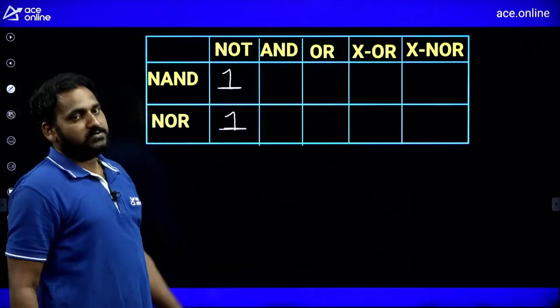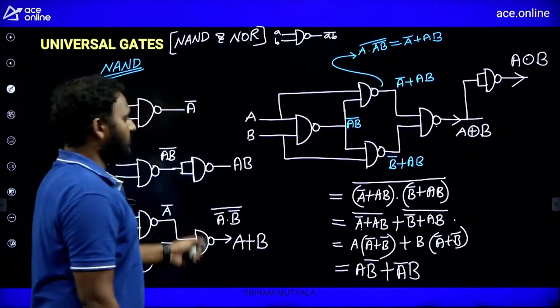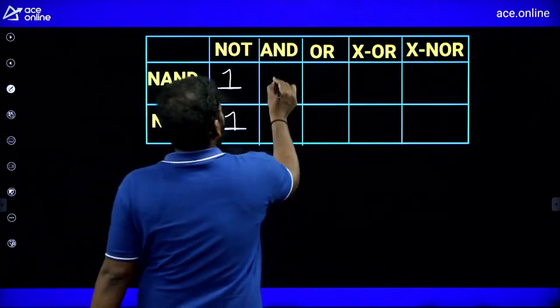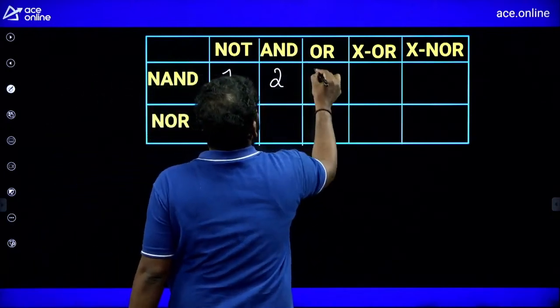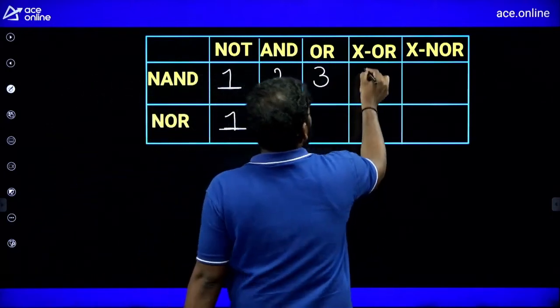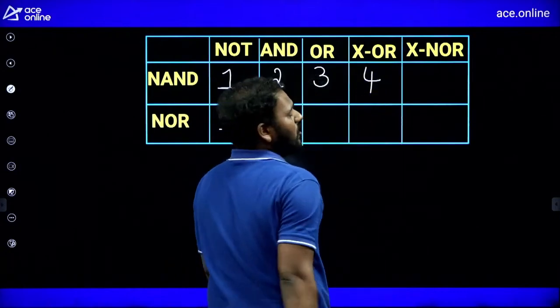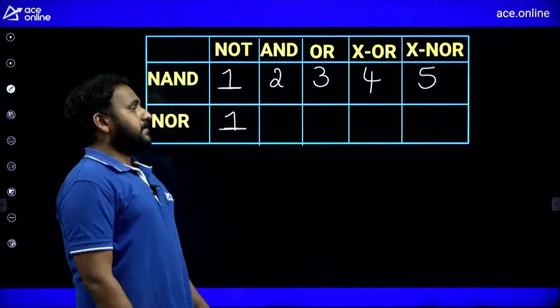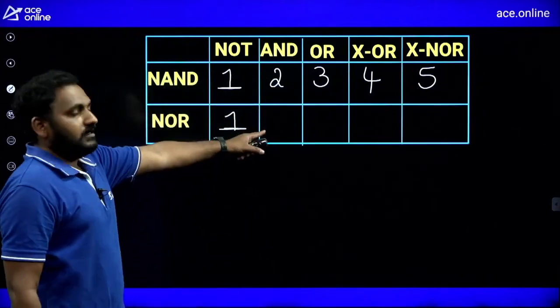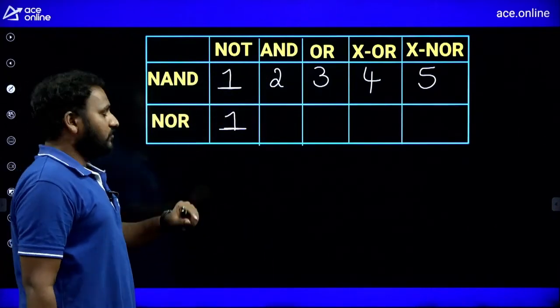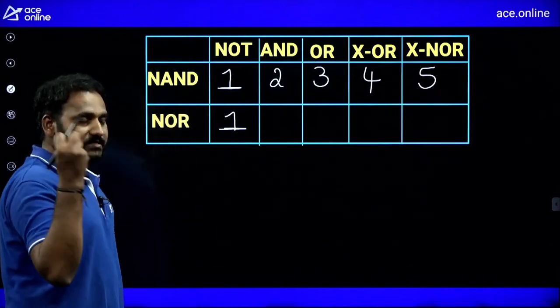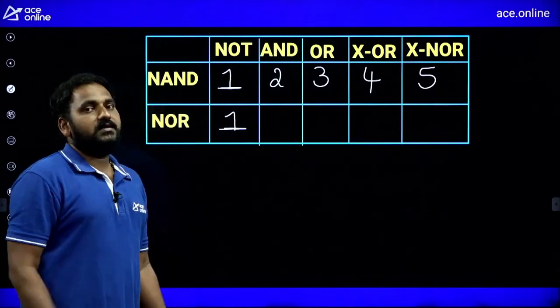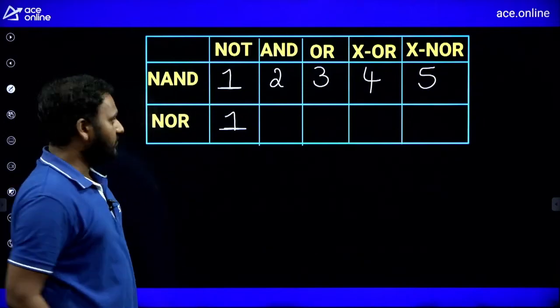Now onwards numbers will be different. You know already from this screen, we need 2 NAND gates for AND operation, 3 NAND gates for OR operation, 4 NAND gates for XOR operation and 5 NAND gates for XNOR operation. Here no need of proof, first I will write the numbers, then something will trigger you, how to memorize the table.